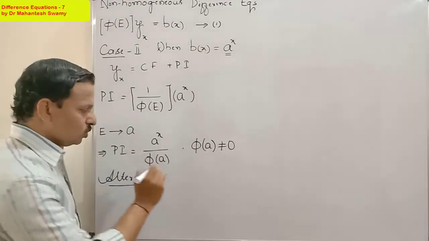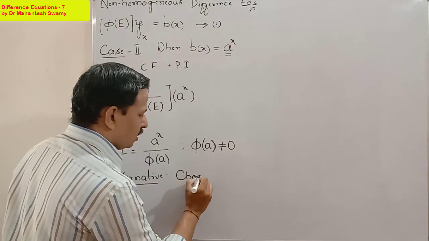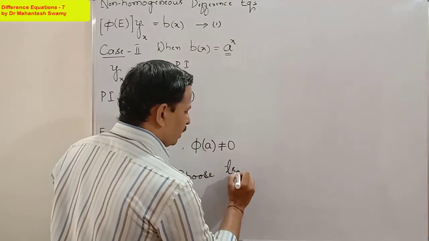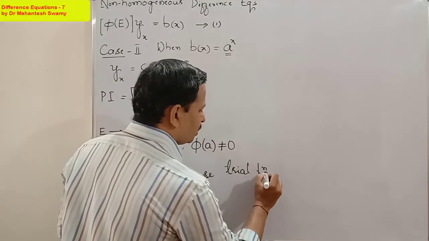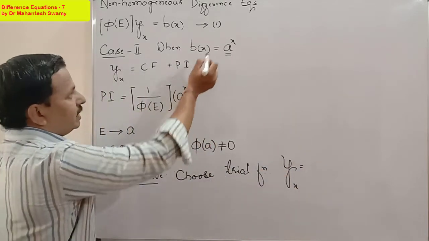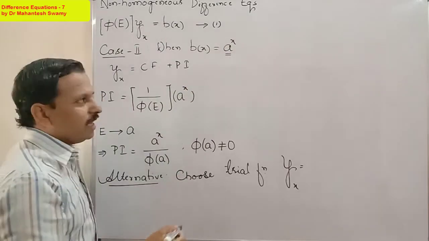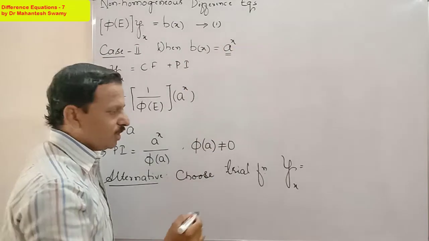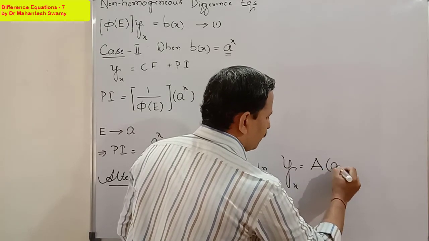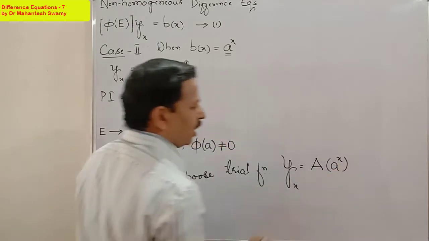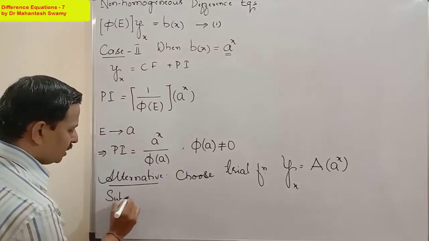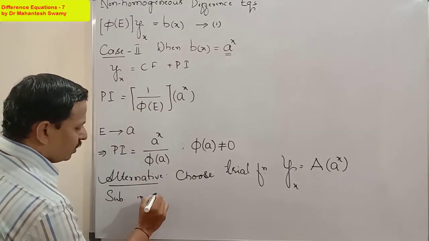We have to choose a trial function, y of x equal to something like this, with the coefficient A into a to the power x. Now we have to substitute this in equation 1.